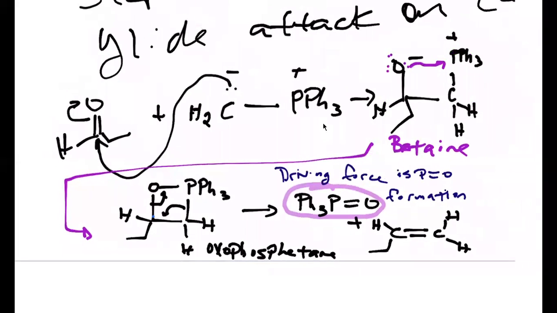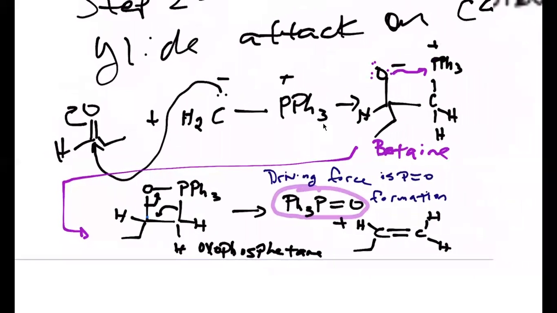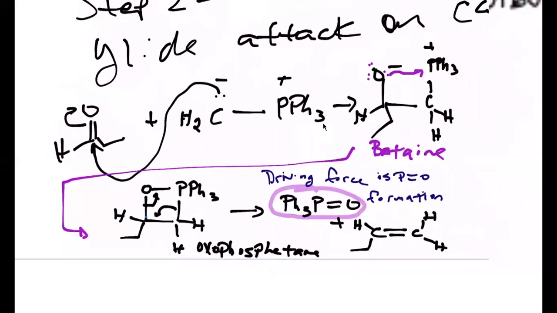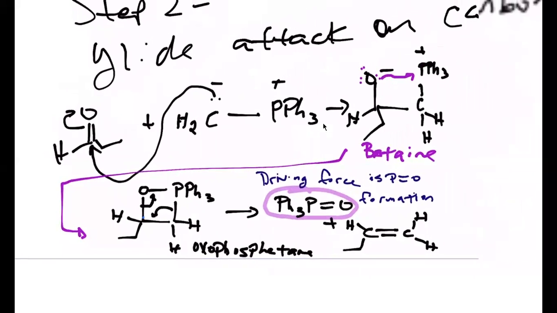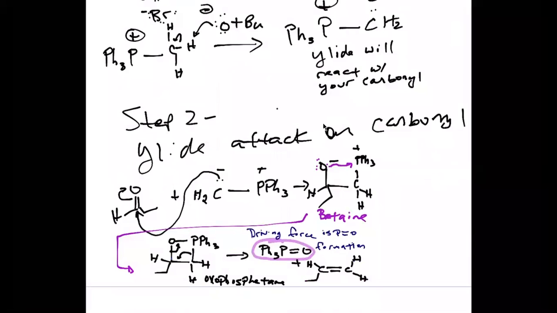Right. So the Wittig happens again in two parts. You have the ylide formation, which we have shown up top. And then in the second part of the reaction, you have the attack of the ylide on the carbonyl. And that's where your alkene is going to come from.